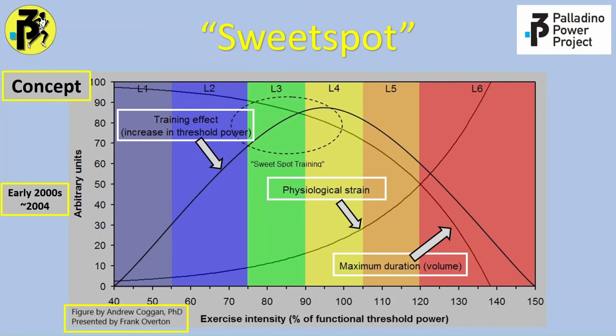The concept is really one where its biggest return on investment is for developing functional threshold power or critical power. They're both essentially the same thing conceptually. Functional threshold power and critical power, same concept. Just different values may arise from different protocols and different models, but they're the same concept.